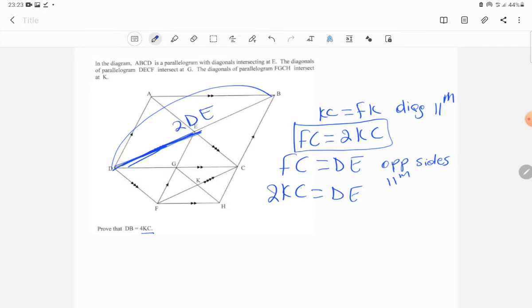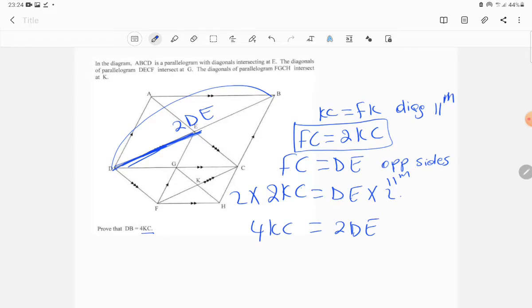If you want to do that, you can just multiply DE by 2. We have to multiply both sides of the equation by 2. DB is twice DE, so in the place of DB, I can put multiplied by 2 to get 4KC being equal to 2DE.